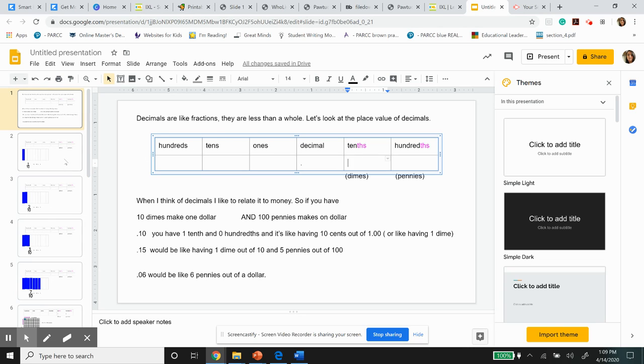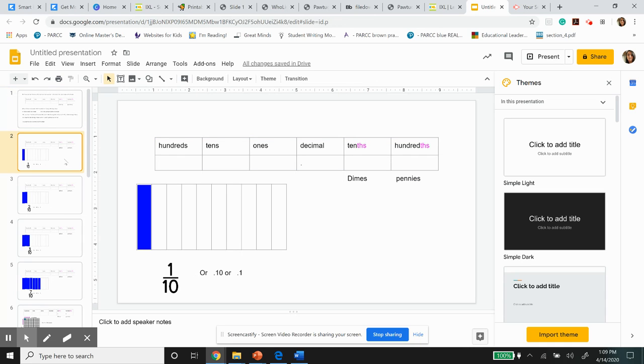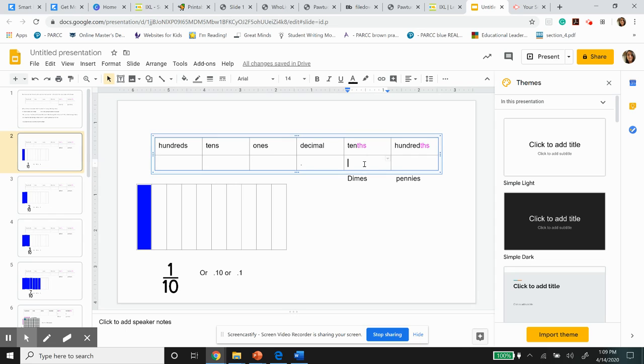So let's look. I said that they're like fractions too, right? So if we look here, if we look at our picture, right, we have 10 slots and one's colored in. So this is 1/10. Or I can say 1/10 and 0 hundredths.